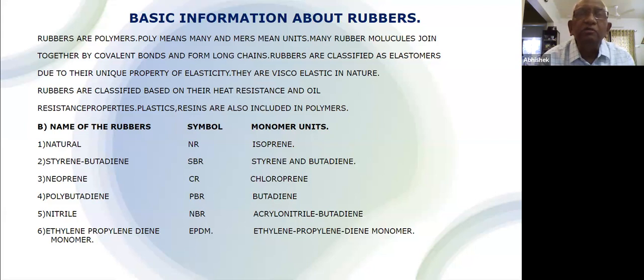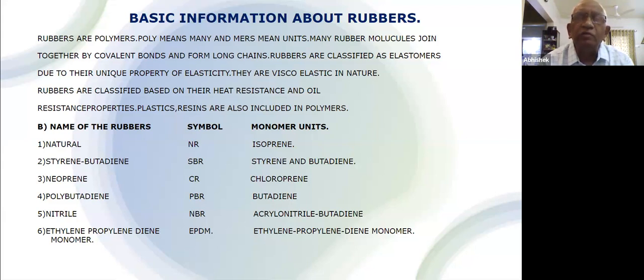Resins and plastics are also included in polymers. Now we'll go through the types of rubber, their symbols, and which are the monomers. As I told you in the beginning, polymer means many units joining together, but these are called monomer units.